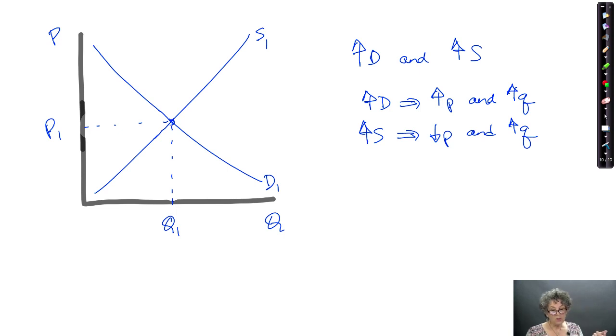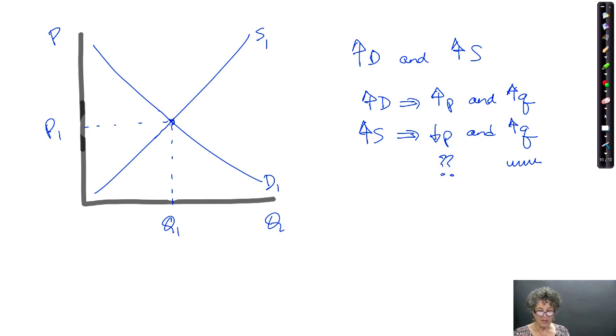Since we're going to do both the increase in demand and the increase in supply at the same time, what we're going to see is that the quantity definitely is going to increase because both of those things, both the increase in demand and the increase in supply, are putting upward pressure on quantity.